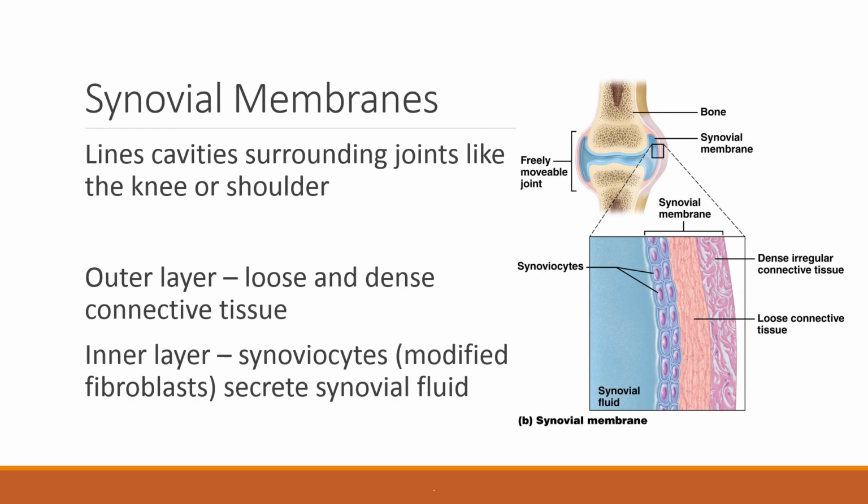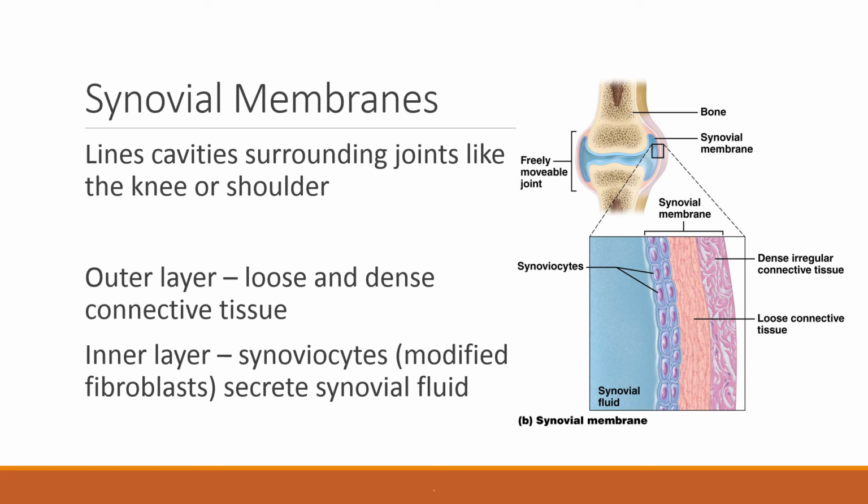Synovial membranes line cavities that surround your freely movable joints like the knee or the shoulder. These membranes are made up of two layers of connective tissue without a layer of epithelial cells.